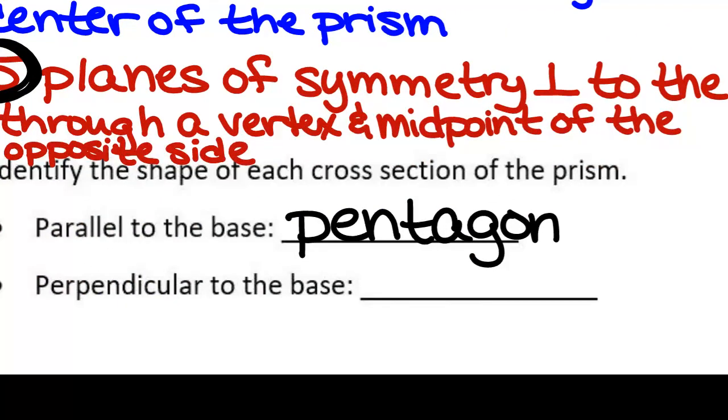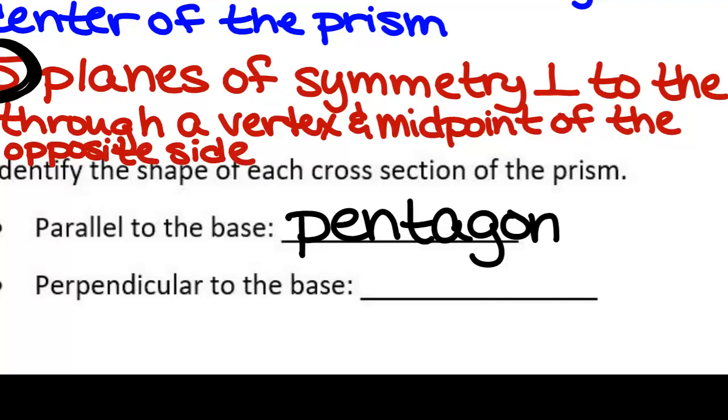What about if I cut perpendicular to the base, like what I have drawn up here? If I were to cut through this pentagonal prism, through the top, straight down through the cake until I get to the bottom, and then I were to pull those 2 halves apart, and look at that cut edge, what shape would I see on that cut face?